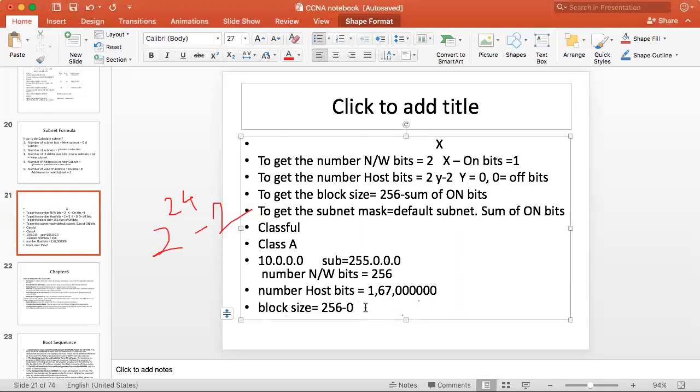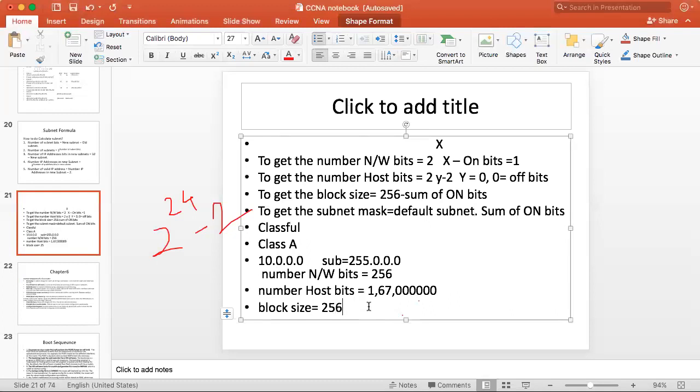So I have 10.0.0.0, 8 bits for network, but in the host portion I don't have any on bit. So 256 minus 0. Anyway, by default, in classful addressing, the block size will always be 256.